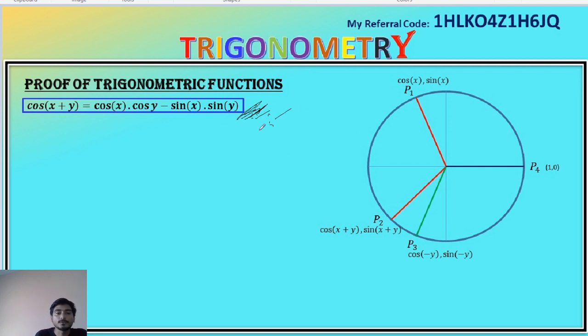Going ahead, for this trigonometric function, especially cos of x plus y, it means you have two angles, x and y.